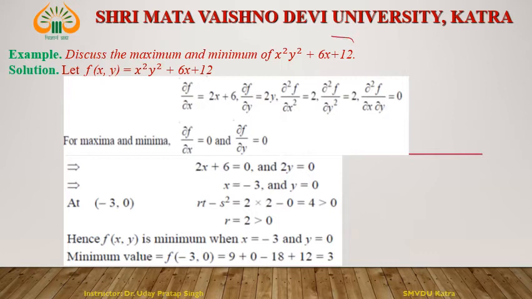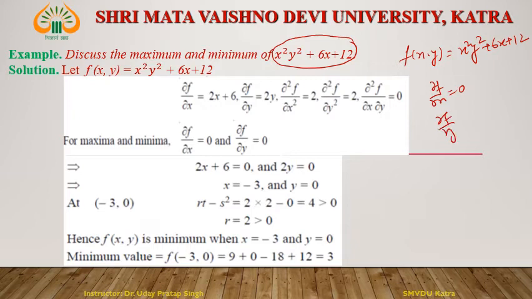Now let us see one example. See, if f(x,y) is equal to x square y square plus 6x plus 12, okay, then find the maxima or minima. For maxima and minima, at which point? For this we have to evaluate dou f by dou x is equal to 0 and dou f by dou y is equal to 0.